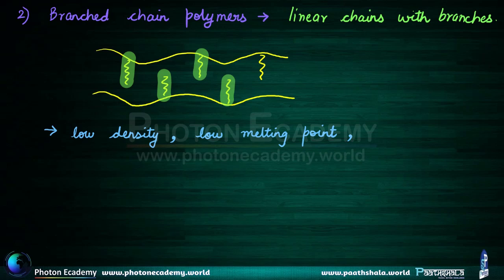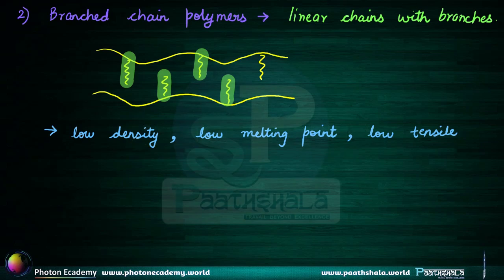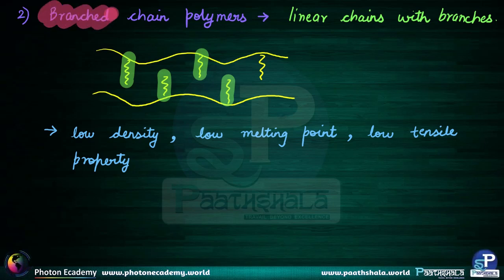Then again, they have low tensile property, so they cannot withstand any stress. Everything is in sharp contrast to our linear chain polymers. So these are the characteristics of branch chain polymers.